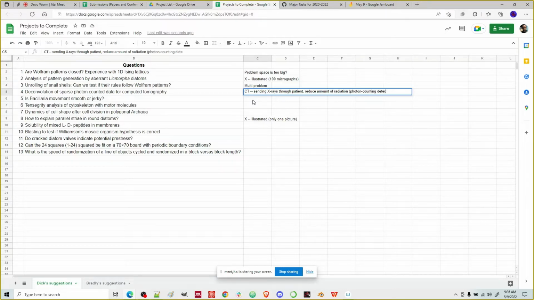Now the problem is the numbers of those photons can be low, and they're integers. Almost all the methods that people use are for real numbers. So the question is, how can you get the best image, and it may involve deconvolution, if the X-rays are photon-counted X-rays.